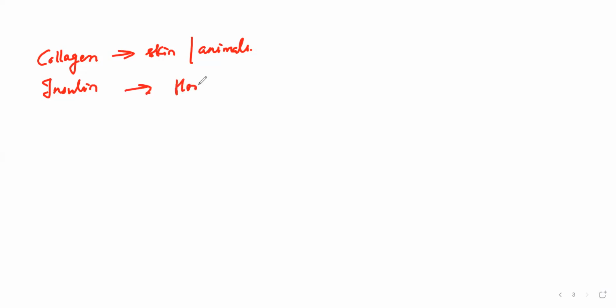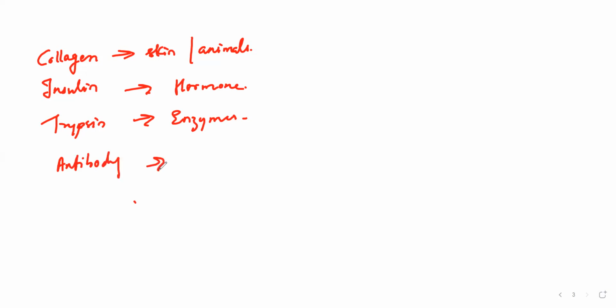This is also a protein. In enzymes, you can take trypsin. There's a saying that all enzymes are proteins, but all proteins are not enzymes. Then one more thing which is made is antibodies for fighting against infections. These are some examples of proteins.